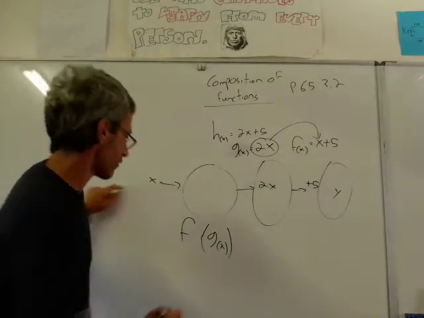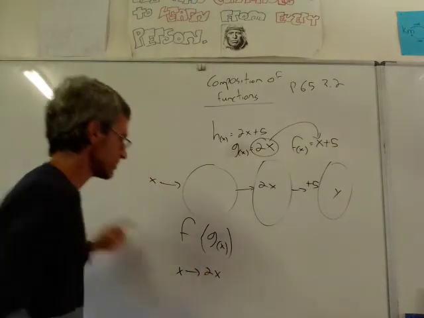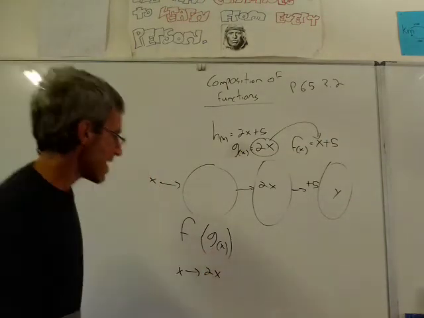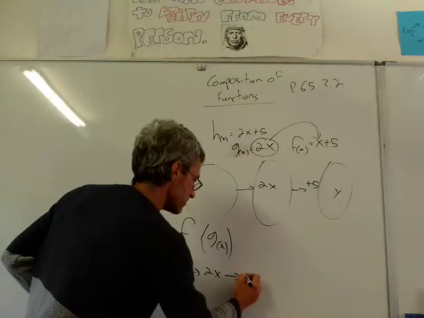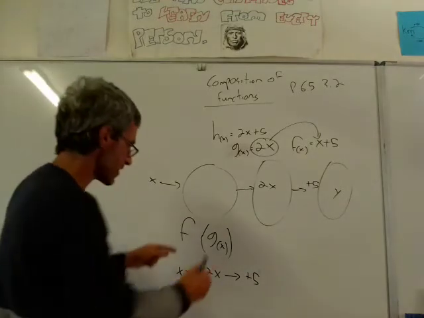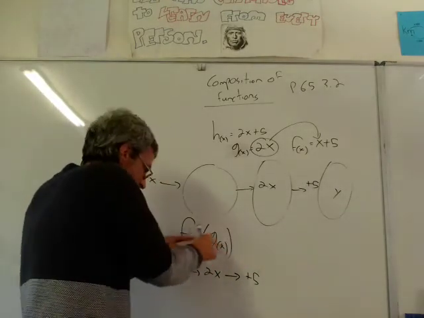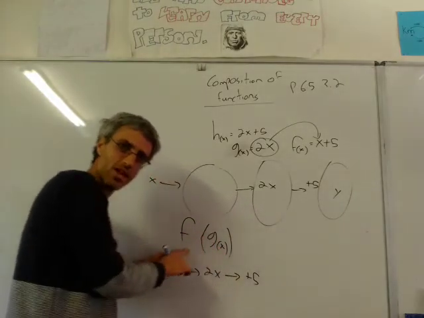I'll first go from x to 2x. That's what g of x does. And then I'm going to add the 5, which is f. So f of g of x. That's how we write it. So the x for the f is basically your g of x. First of all, we do g of x, and then we operate f.